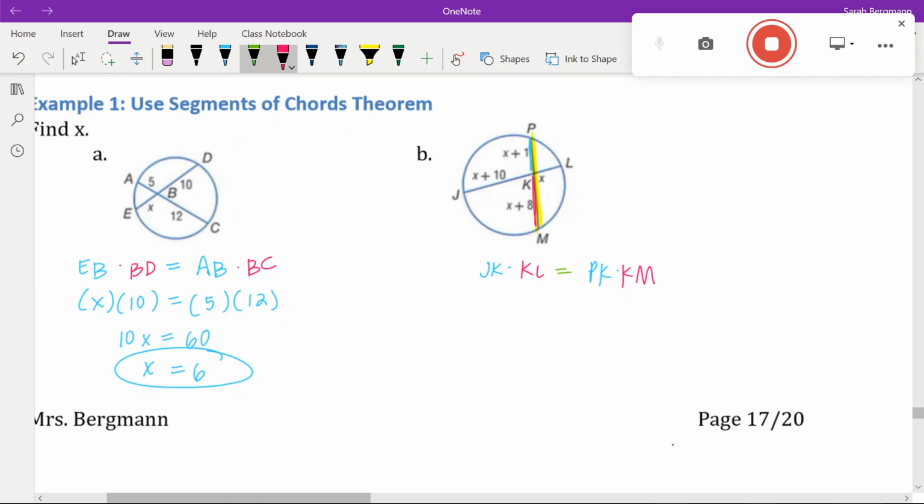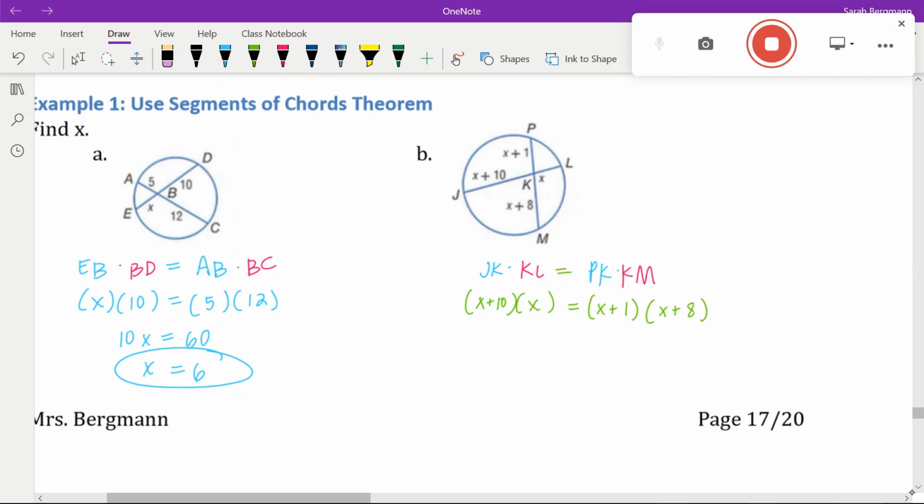Once we have the equation set up, we can plug in the values. JK is x plus 10. KL is x. PK is x plus 1. And finally, KM is x plus 8.